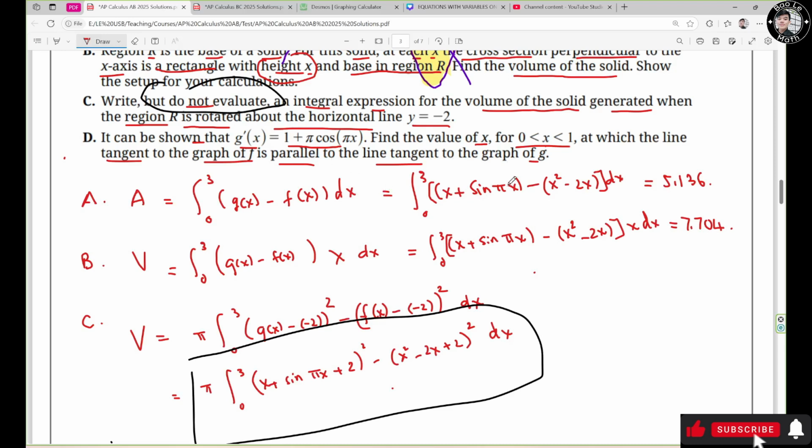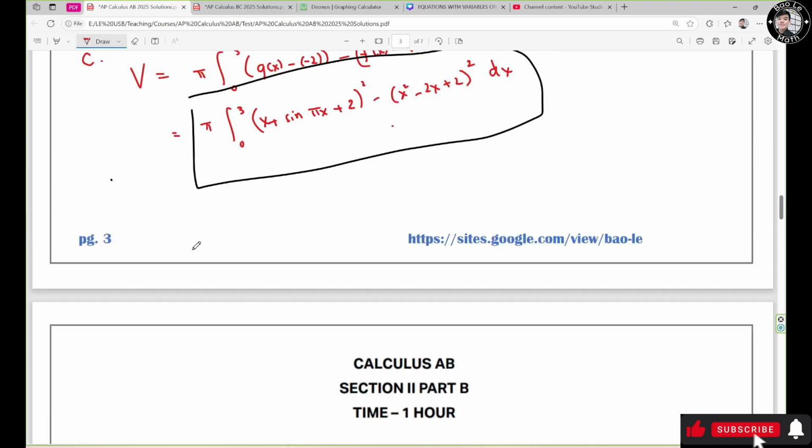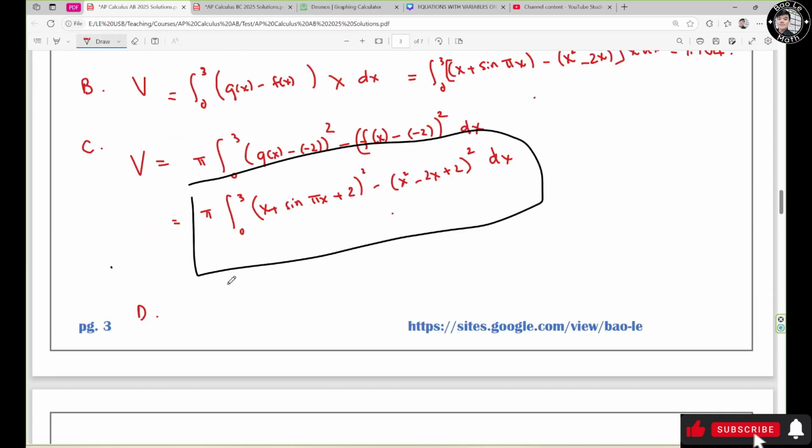So the slope of the function g is given by this one right here. So you have g prime of x equals f prime of x, right? Now g prime of x is going to be 1 plus pi cosine pi x.